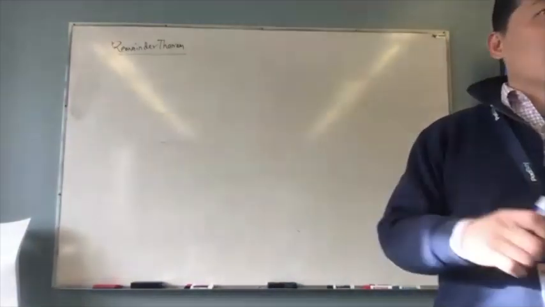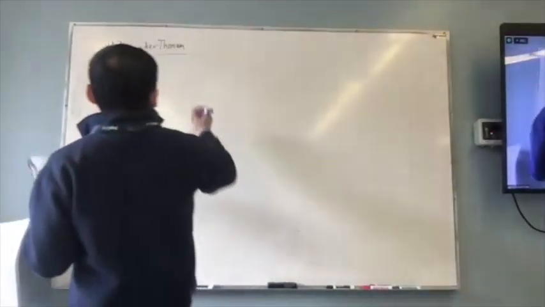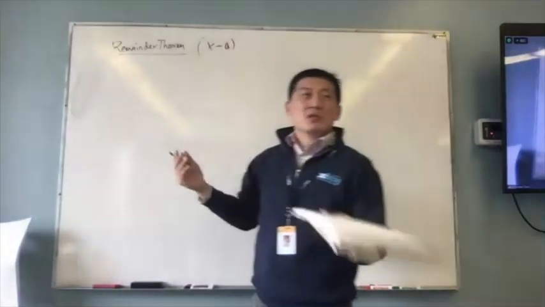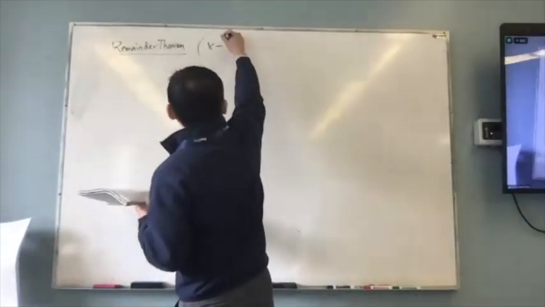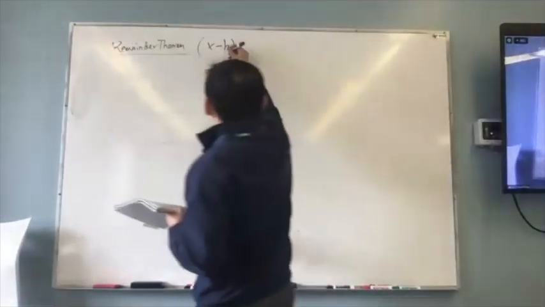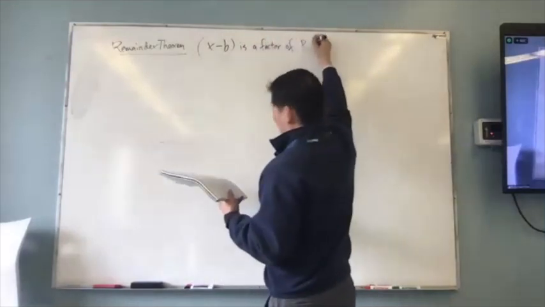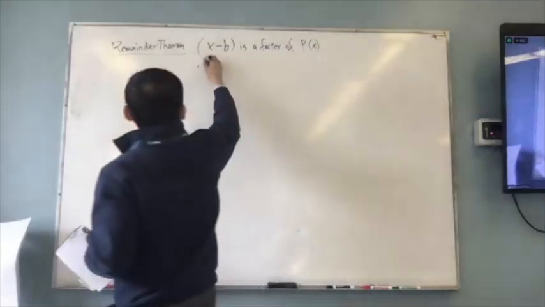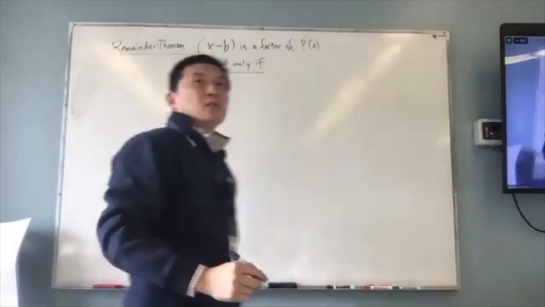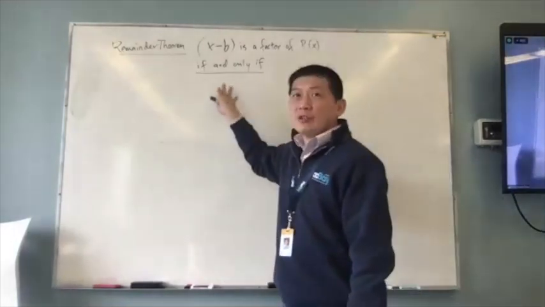And the remainder theorem really basically says this, and I'll show you an example of what that means, is that x minus b, because we used b earlier, x minus b is a factor of a polynomial if and only if, now this term if and only if, as you continue on to pre-calculus and calculus, is a very important mathematical statement.